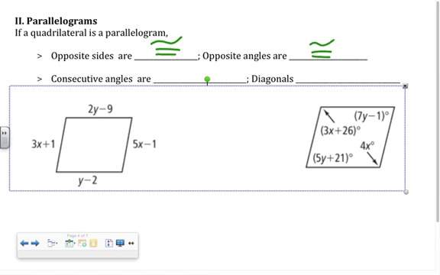You have that consecutive angles, and don't let that word trip you up. Consecutive just means one right after the other, one right next to the other. Consecutive angles are supplementary. And diagonals bisect each other.